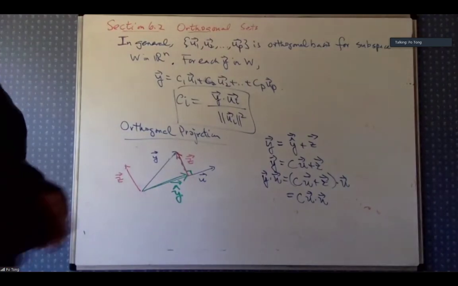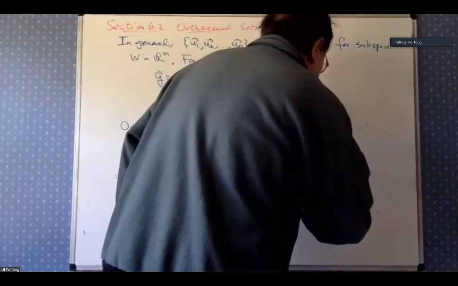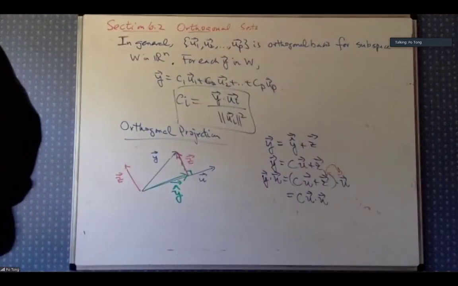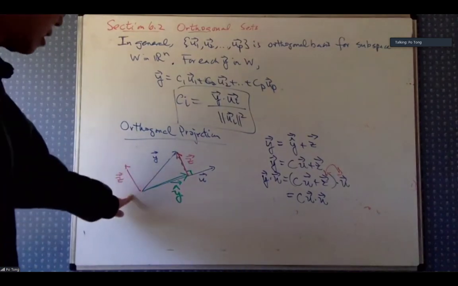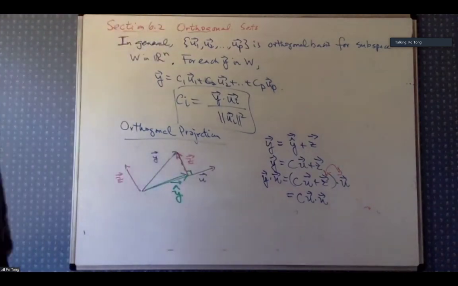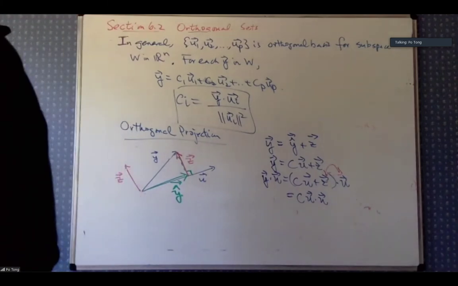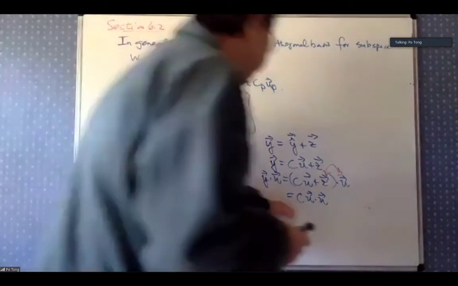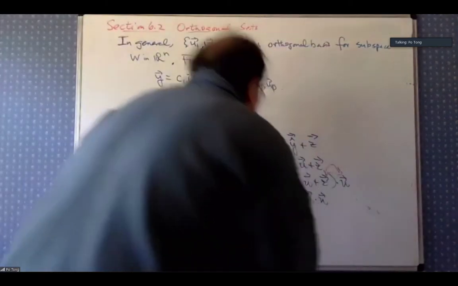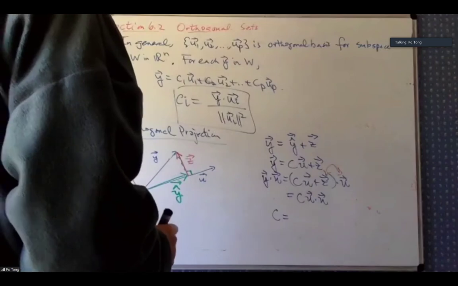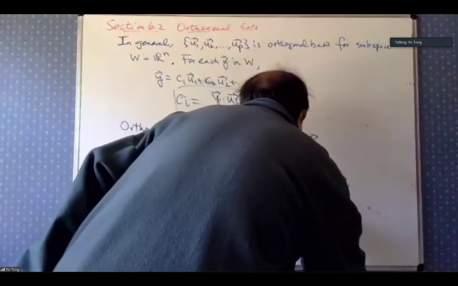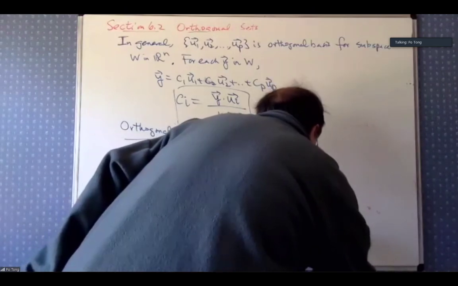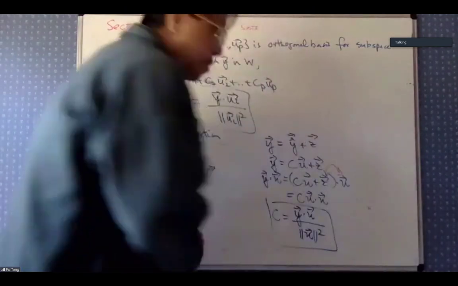These two dotted together is going to be 0, because Z and my U are perpendicular to each other. So I end up being able to recover my C. My C is going to be very much similar to the other one. Okay, this is my C.